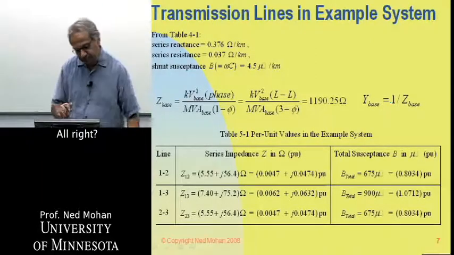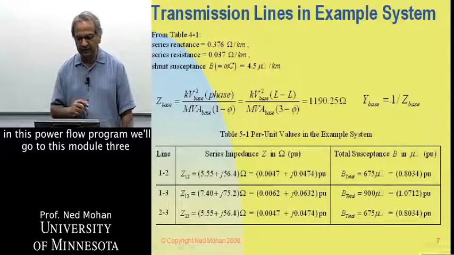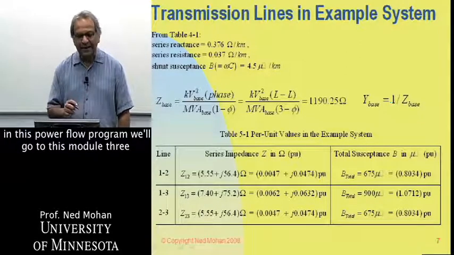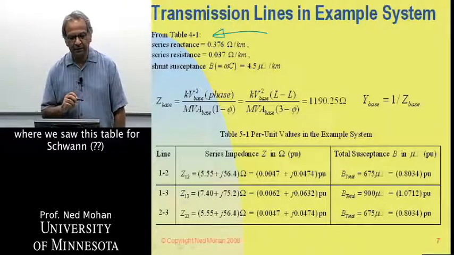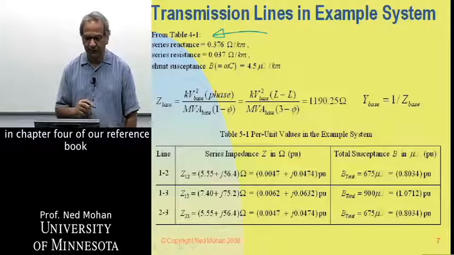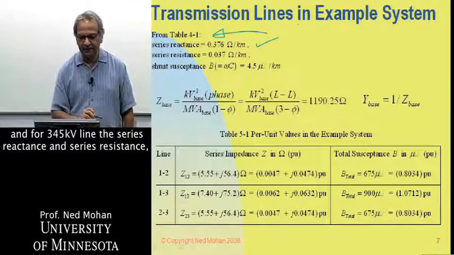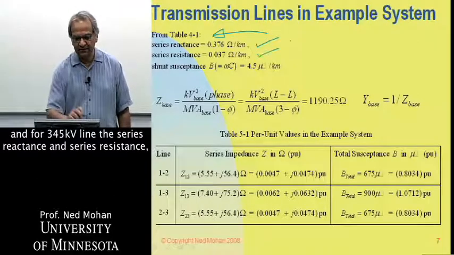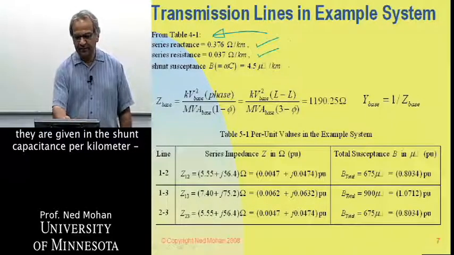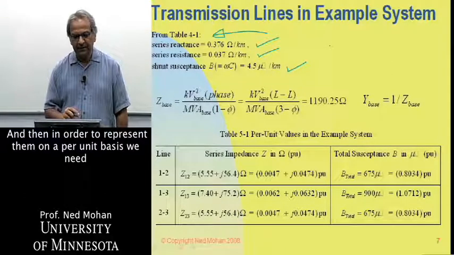All right. So when it comes to modeling these transmission lines in this power flow program, we will go to this module 3, where we saw this table 4-1 in chapter 4 of our reference book. For the 345 kV line, the series reactance and series resistance are given, and the shunt capacitance per kilometer is given.